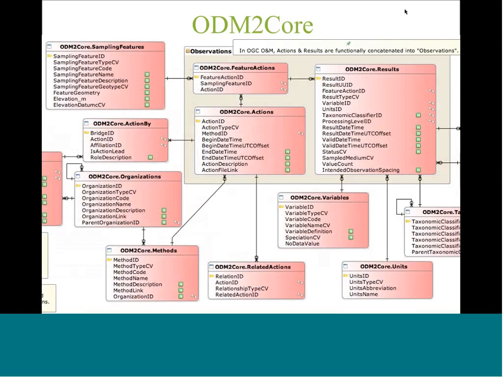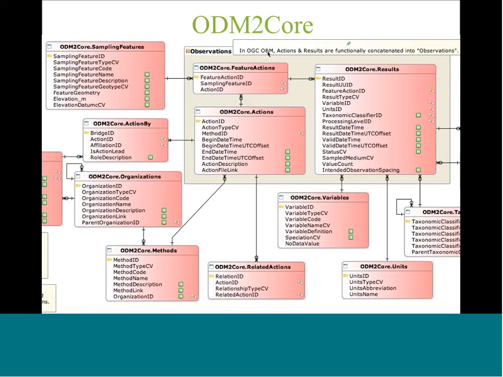One of the governing bodies that has really emerged as being important for the Earth and Environmental Sciences is the Open Geospatial Consortium, or OGC. One of their information models that they have promoted and has become an international standard is called Observations and Measurements, or OGC-O&M. Observations and measurements is relatively abstract and relatively high level, but very powerful.